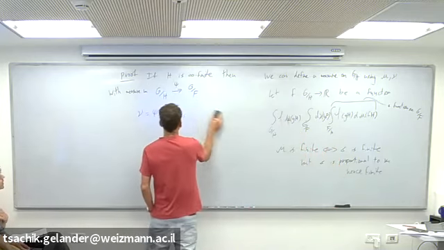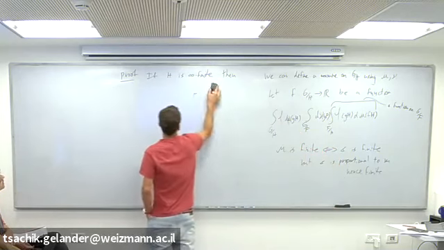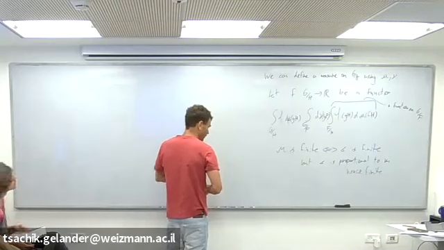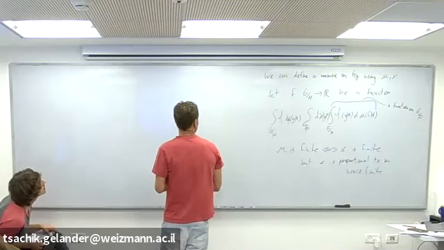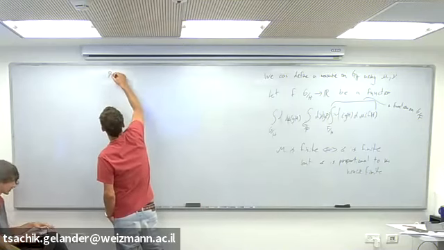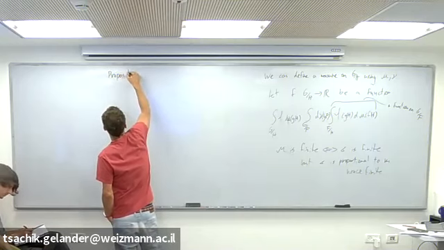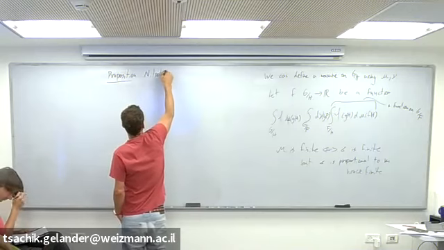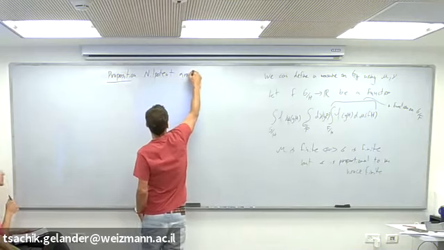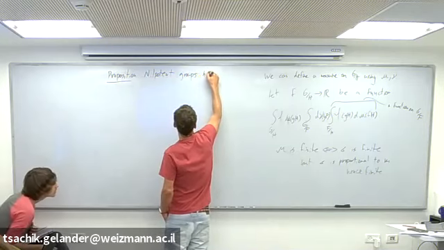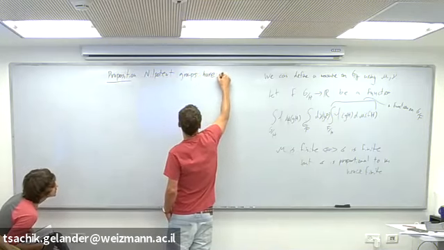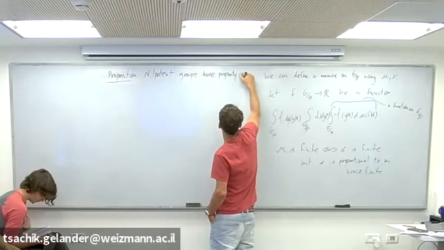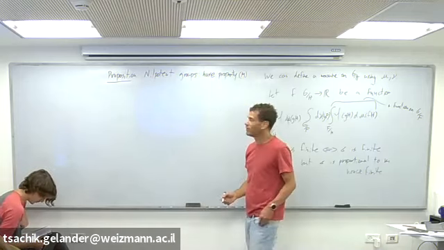So I want to prove the following proposition. Nilpotent groups have property M. Furthermore, nilpotent groups are amenable.